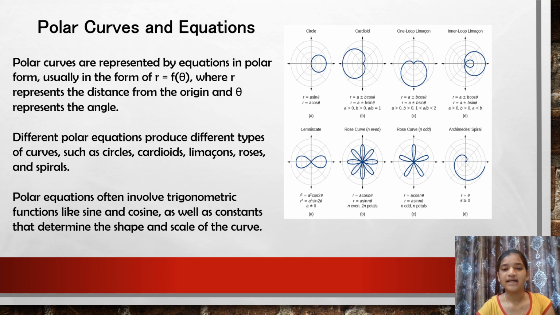You can see in this diagram there are many polar equations and curves: a circle, cardioid, one loop, inner loop, limaçon curve, rose curve, that is even and odd, and Archimedes spiral. Polar equations often involve trigonometric functions like sine and cosine, as well as constants that determine the shape and scale of the curve.